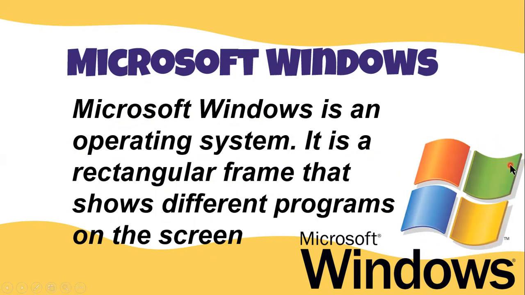Can you see it like a flag? You can call it orange, green, blue, and yellow. This is the symbol of Microsoft Windows. Like in day-to-day life, lots of upgradations will come. The latest Microsoft Windows software is Windows 10. So this is the Windows symbol here.